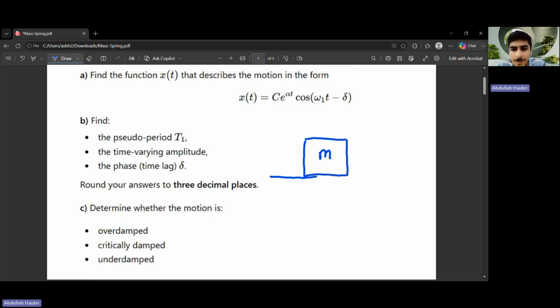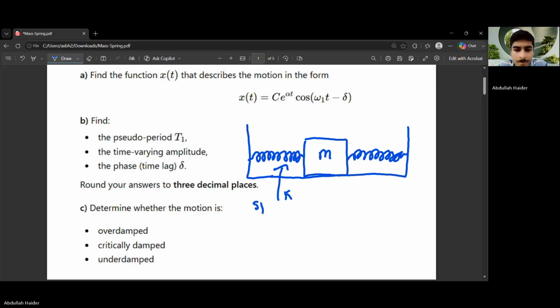It's on a horizontal surface, and there are walls or something, and then you have some springs attached to it. The spring has a spring constant K.